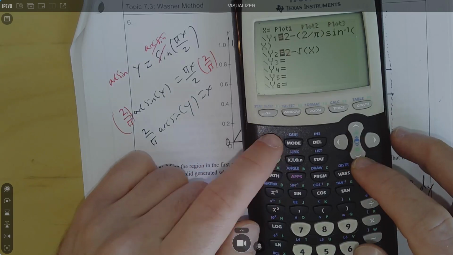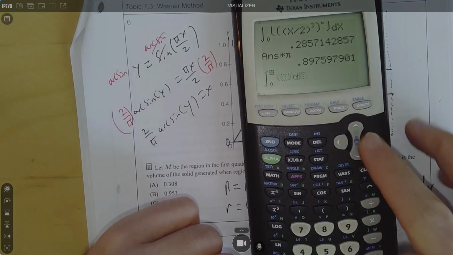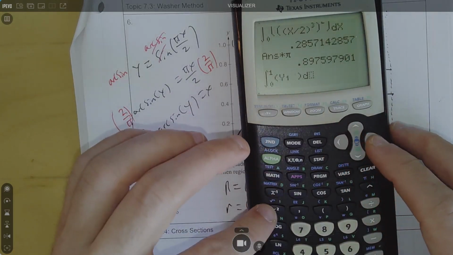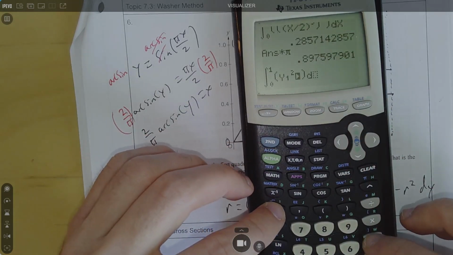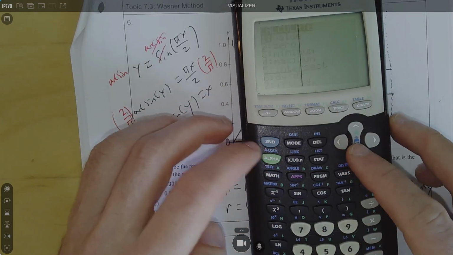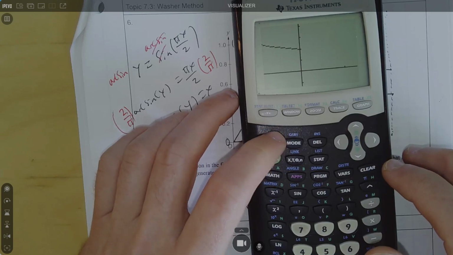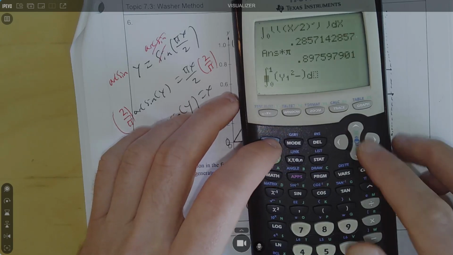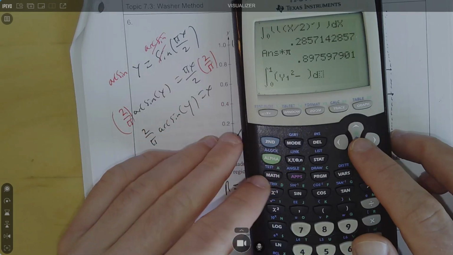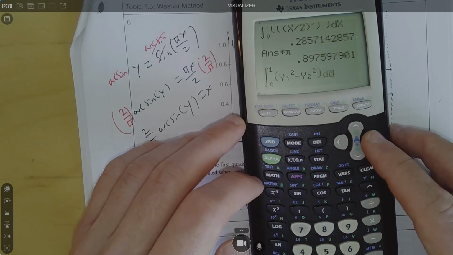Okay, and then we'll go home, and then we'll math 9 it, and we'll go from 0 to 1, and it'll be y1 squared minus y2 squared. Oops, sorry. That's so annoying. Okay, minus y2 squared dx.